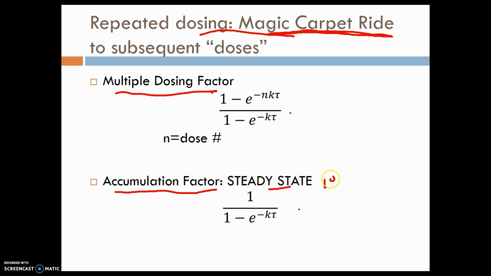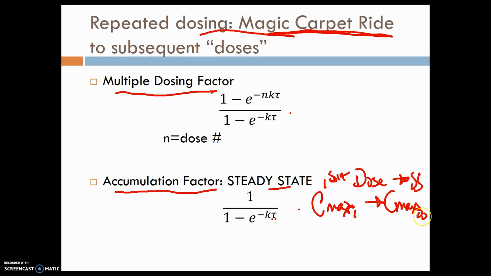So it takes you from first dose information to steady state. So if you know the Cmax on the first dose, you multiply it times this and it'll take you to the Cmax at steady state.